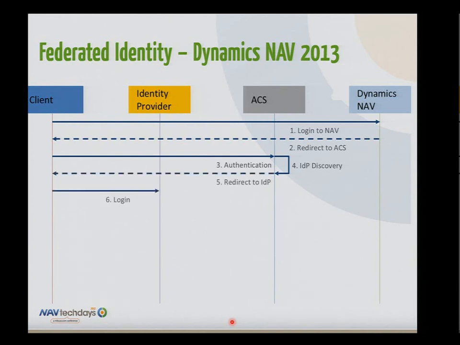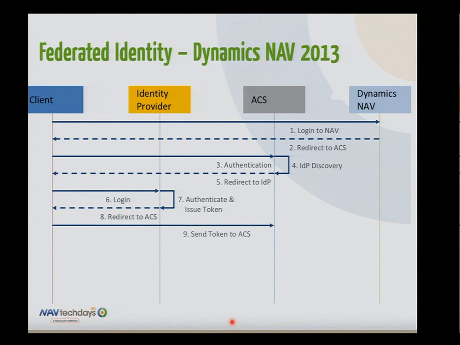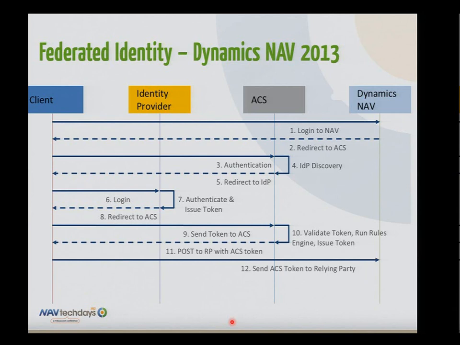Back to the client, and we need to log into the identity provider, and it can issue a token, given the security credentials you have sent were correct. Redirect to ACS again, send the token to ACS, validate the token, run the rules, issue a new token, and this token is now posted to the original application that the user is running, validating the token, and you have a session. So all this happens in ACS.